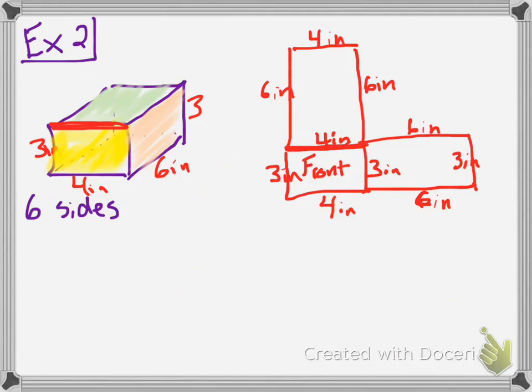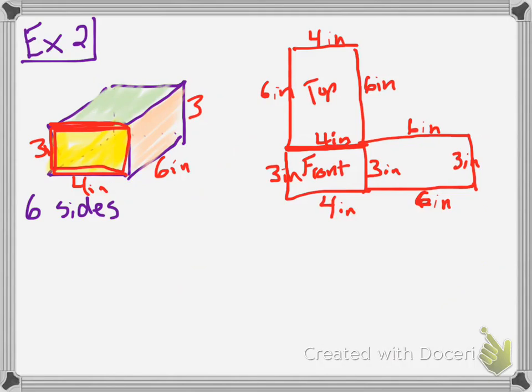Now I got 3 out of the 6 sides, and there's a pattern to this: top, front. You can never have on the net 2 sides that are the same size. Well, I won't say that. The front of the rectangular prism can never touch the back part of the rectangular prism in a net, if that makes sense.